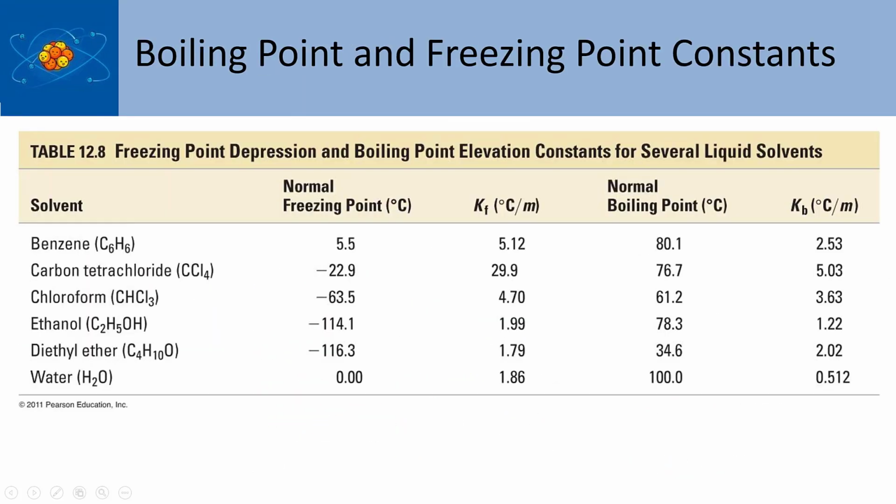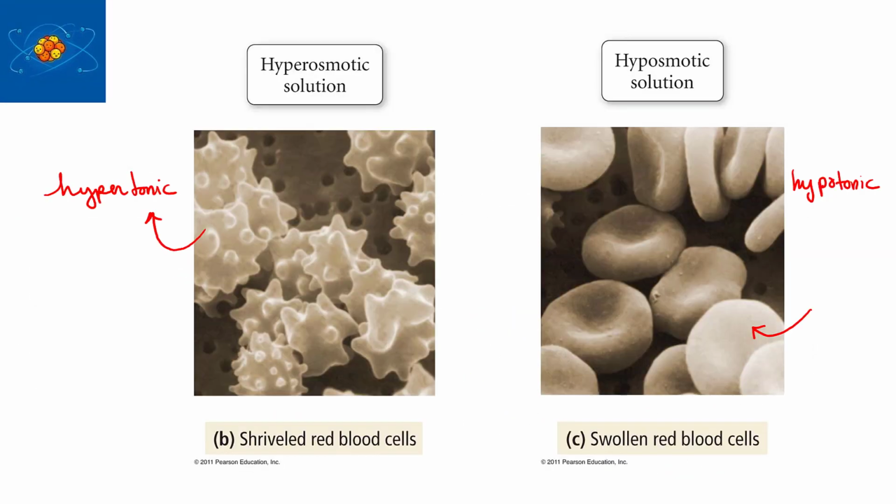When we say that water is moving from inside the cell to the outside of the cell, it means that the inside of the cell is hypotonic relative to the outside. And when we say it's hypotonic on the outside, really what that means is it's hypertonic on the inside.